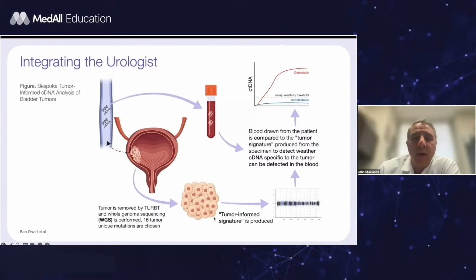And by doing so, you will be able to remove this tumor and have a large portion of tissue available in the majority of cases to send for tumor-informed testing. And this is how we perform it here at Mount Sinai, and this is a schematic from a review that one of my fellows and I wrote about a year ago. And this is important because when we get this tissue sample, we can then send this out for whole exome sequencing.